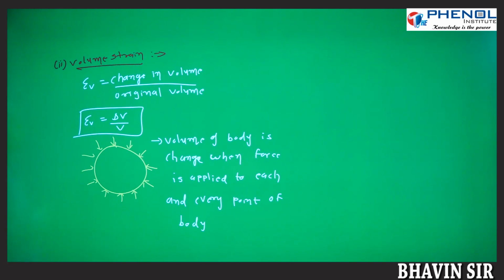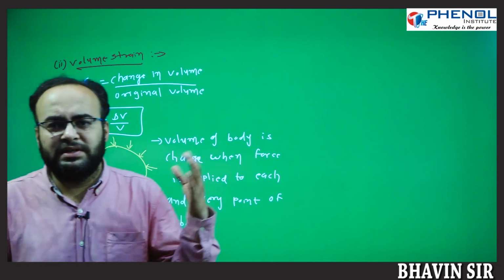When force is applied to each and every point of the body, then the volume of the body is changed. Suppose this is the body; if deforming force is applied to each and every part of the body, then its volume is changed. In the first case, we applied perpendicular force. Here, if you want to change the volume of this body, force is applied to each and every part of the body.